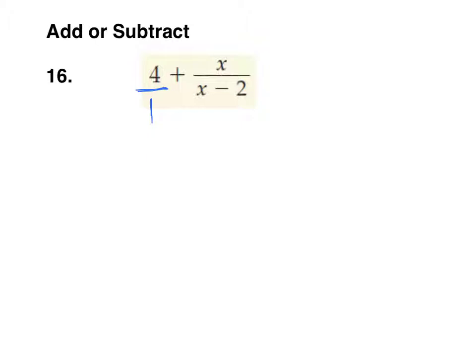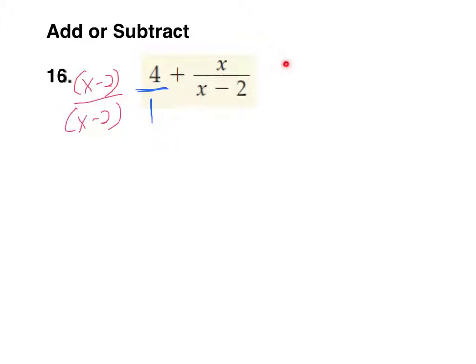And for some people, this is even easier than what we were just doing with numbers 13, 14, 15, because all you're going to do is multiply the number that wasn't a fraction to begin with by the denominator that you already have, and you won't need to multiply the second fraction by anything.